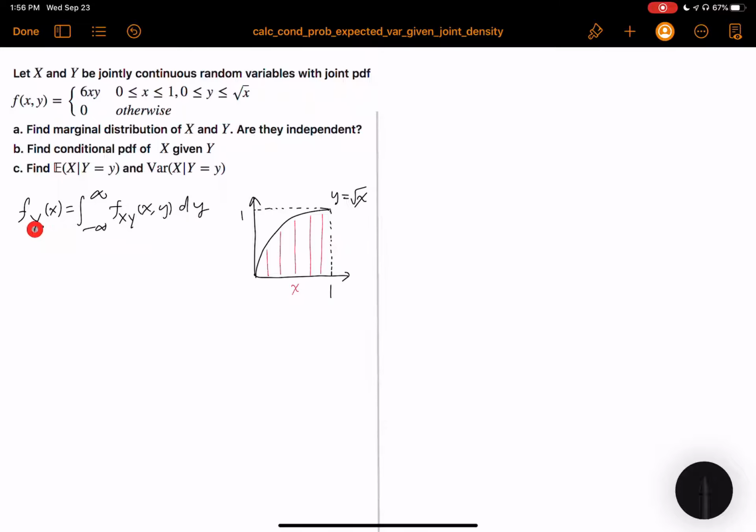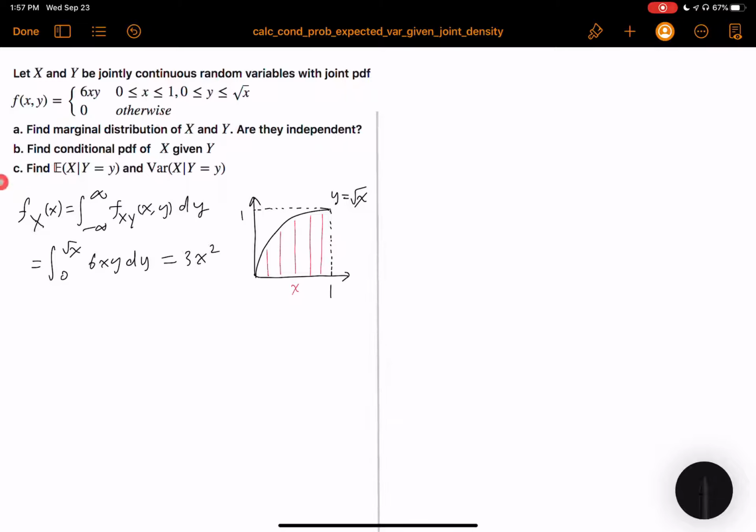Now we know that the value of Y is between 0 and the square root of X. So this is equal to the integral from 0 to square root of X of 6xy dy. And this is equal to 3x squared.